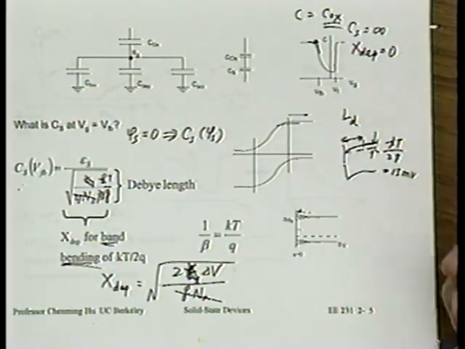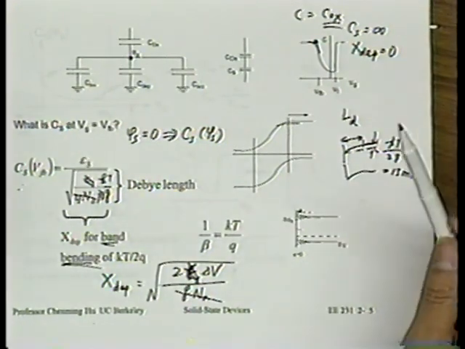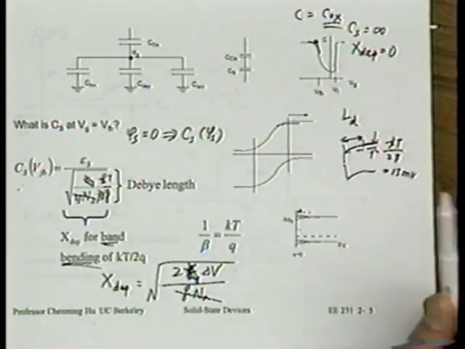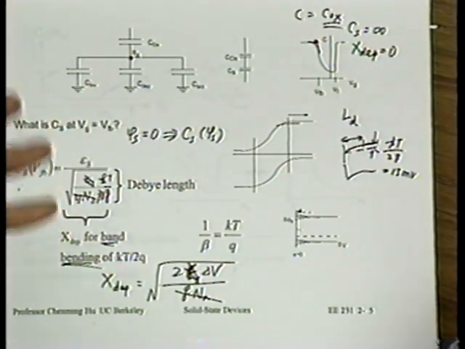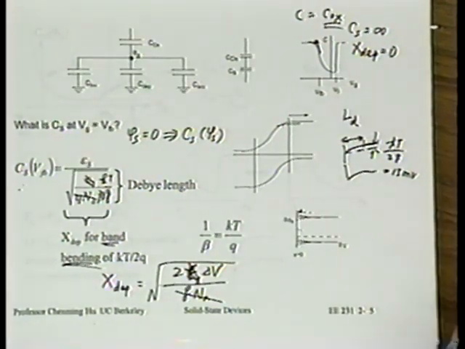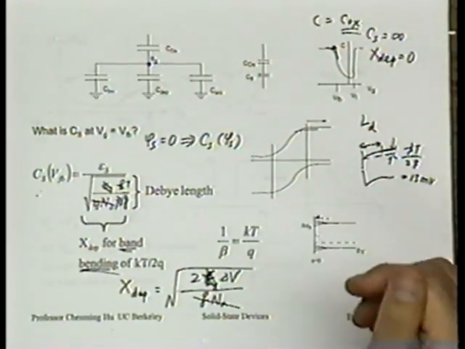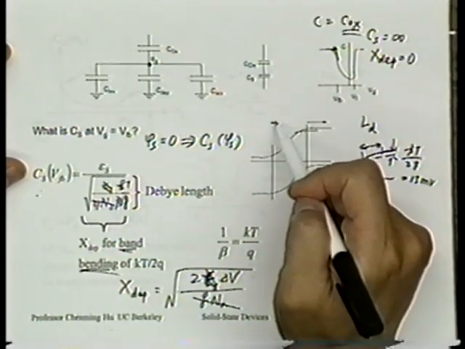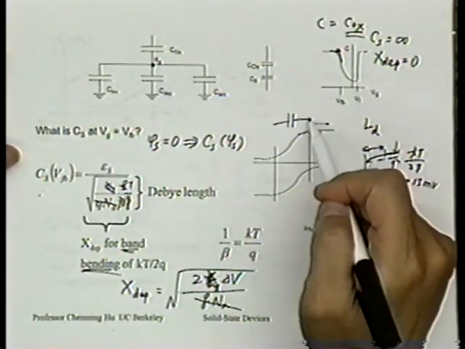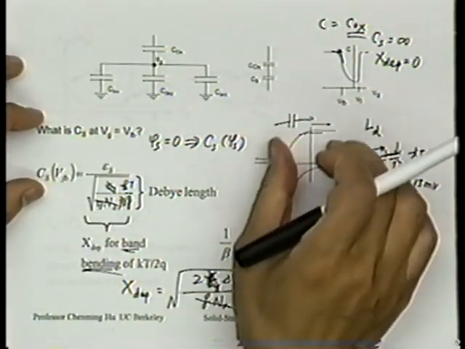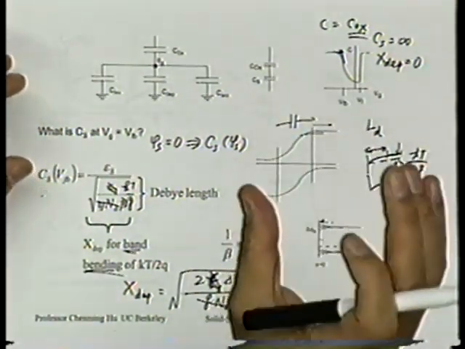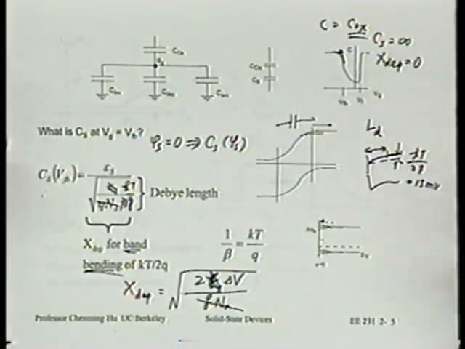For example, if you try to determine the doping profile using some CV technique, you'll never be able to quantify it with a location accuracy better than the Debye length. You will always be off by a few hundred angstroms because we never know whether the depletion layer capacitance model is right, that charge is right at the boundary of the depletion layer, because we don't know where the boundary is. The boundary is a very gray region as wide as the Debye length.